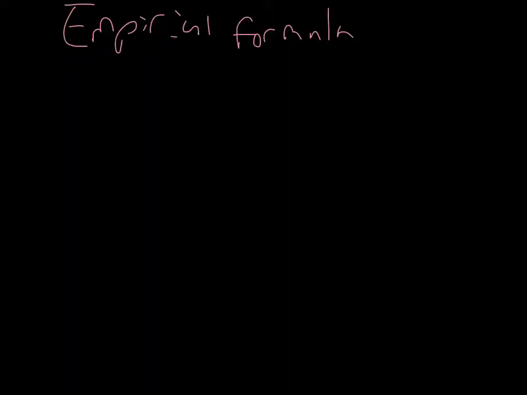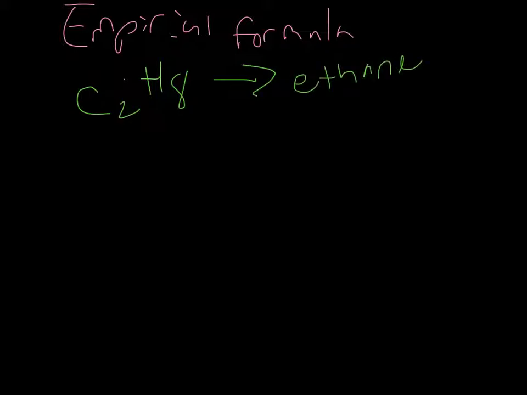Well, let's take an example. Let's say I have the molecule C2H6, well, this is ethane. When you learn your organic chemistry, I know I make a lot of references to that. That's because the naming comes up a lot, and Barron's book isn't there yet, so don't worry about the names. This is the molecular formula.